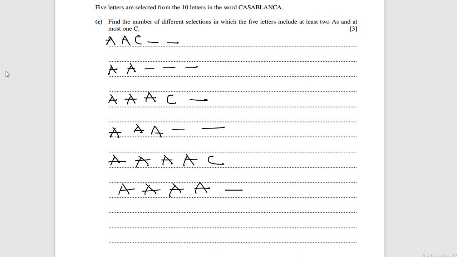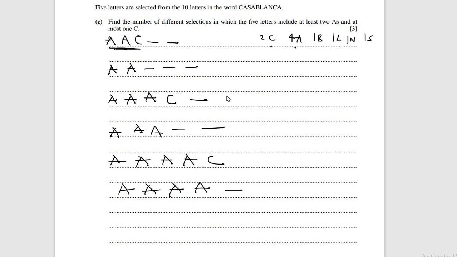So now for the first one, we have 2 spaces left, since you already arranged 3 letters.